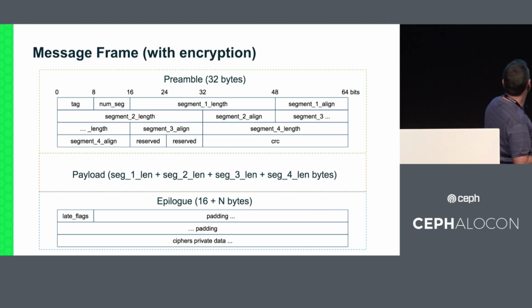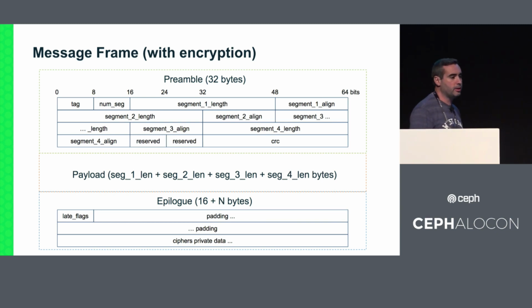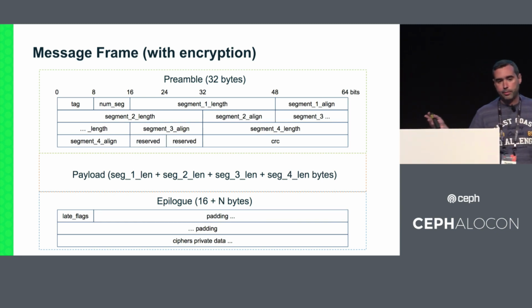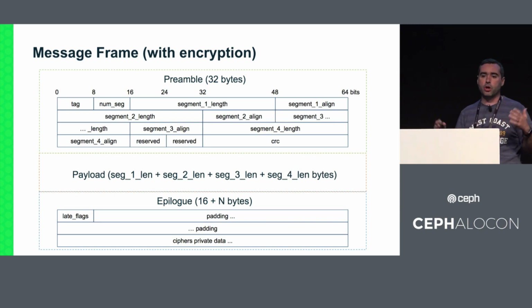The epilogue basically has the same flags that it had in the unencrypted form, and then some padding to fill up the first 16 bytes, and afterwards n bytes of data that depends on the encryption algorithm.